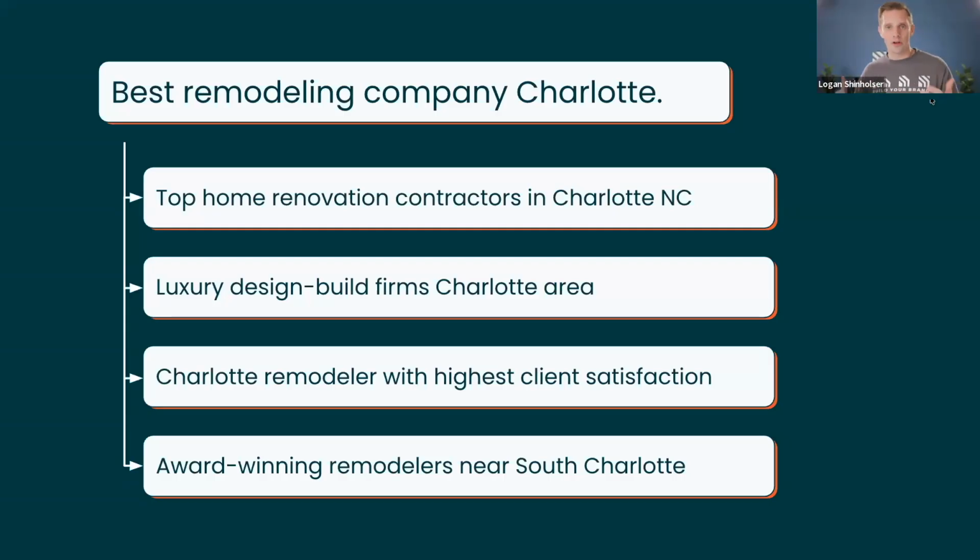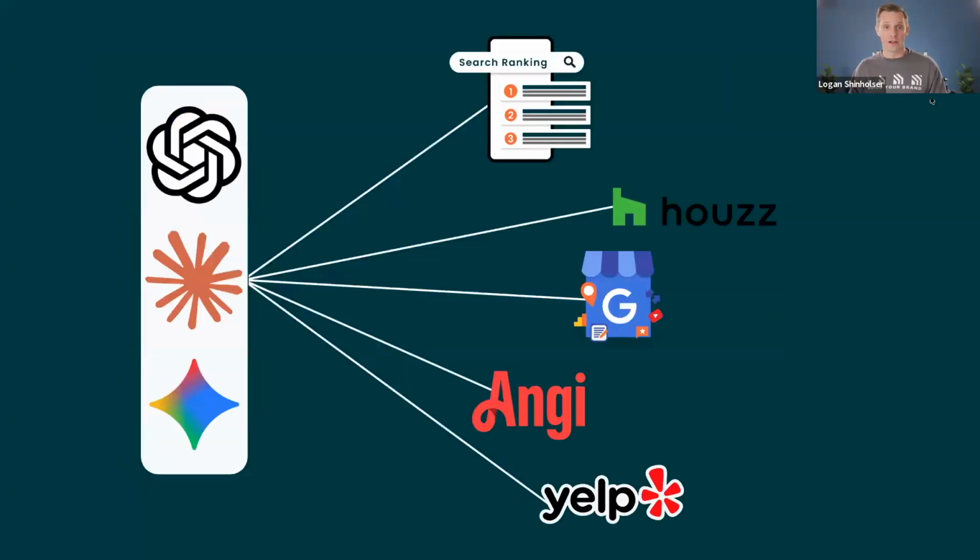This is called a query fan out. Long story short, instead of the one search you're typing in, it's going to do a bunch of searches all at once, based on what it thinks you actually want to know. What it then does is go to Google, a little bit of Bing but mostly Google, to figure out, based on all these searches, what are the answers?